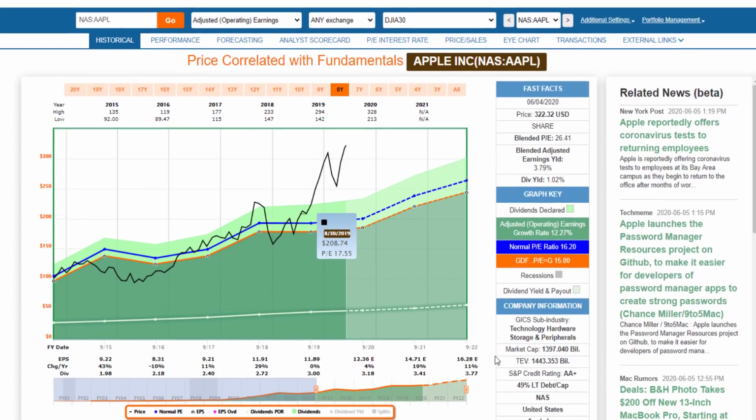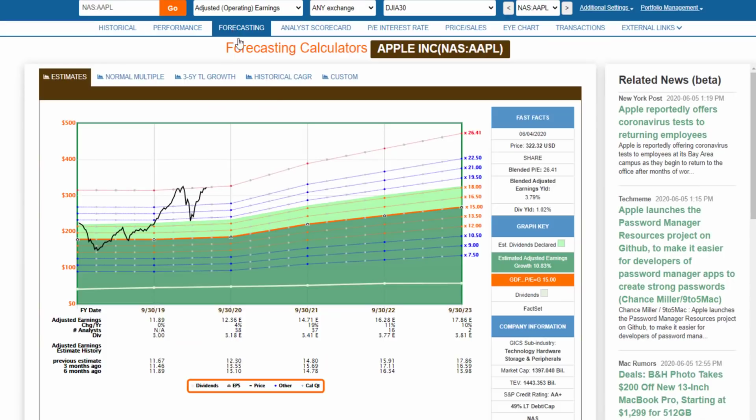So now let's go into the forecasting tool and actually show you some of the features that our various forecasting calculators have to offer. Now, one thing I want to say, and I say this to all subscribers when I talk to them, the only thing I can say with certainty about the forecasting calculators here is that they're wrong. They're forecasts. They're estimates of the future. Now, the idea is that they're not completely wrong, but they're just not perfectly accurate.